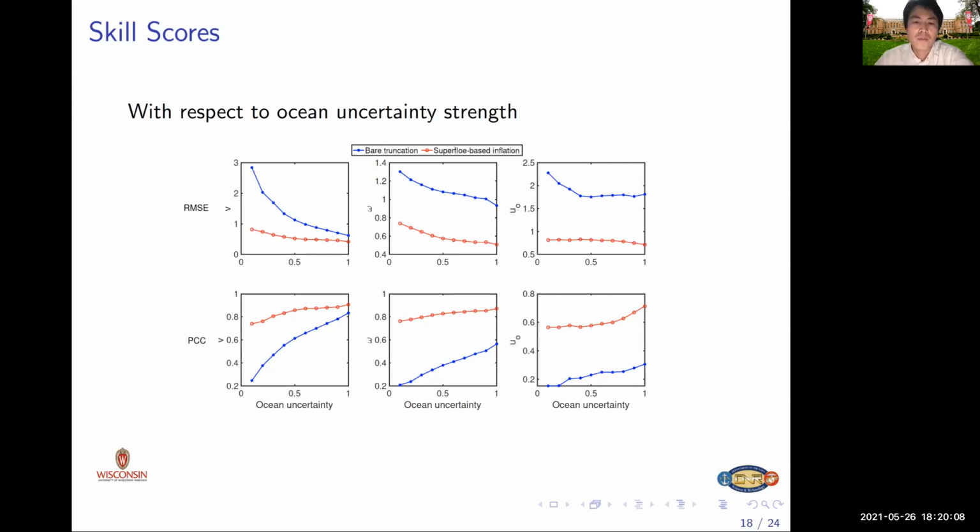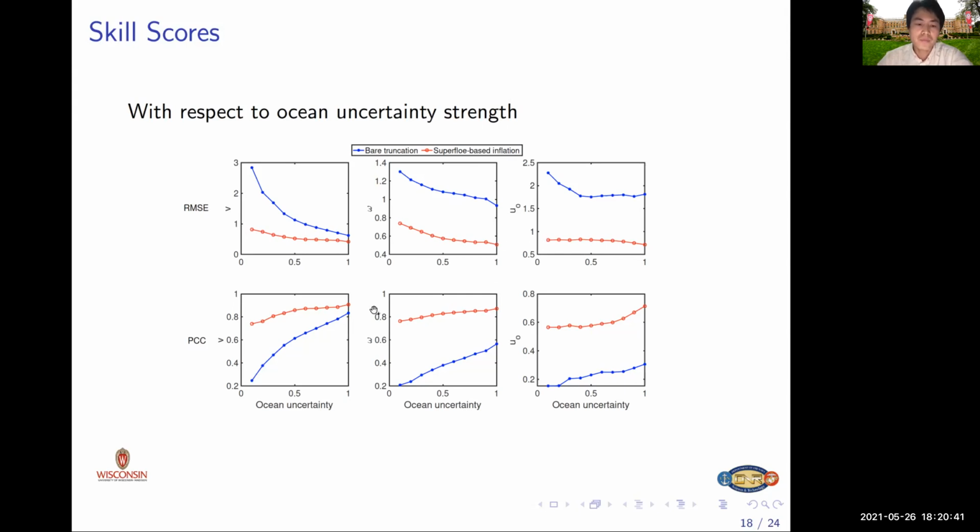These 12 small floes are parameterized as 6 superfloes. The bare truncation system is just the case using only the 6 large floes, the blue curve here, and the red curve is for the system with superfloe-based inflation.